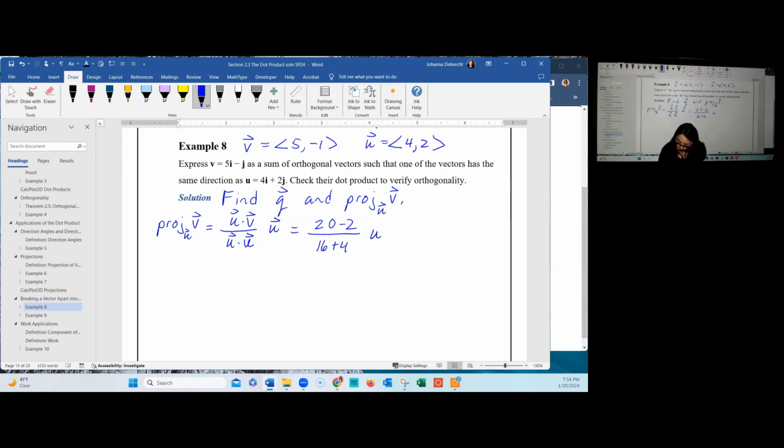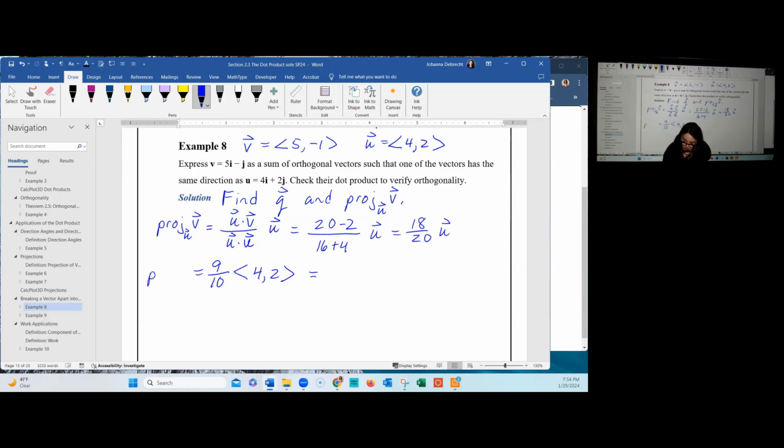So, and then I multiply this by vector U. So I'm getting 18 over 20, I think, times vector U, which reduces, of course, to 9/10. Algebra first, then you can do the other. And we're multiplying by 4, too.